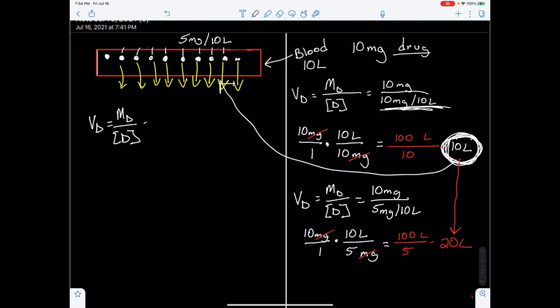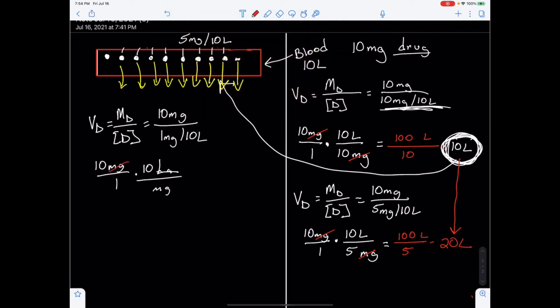And we put in 10 milligrams. Now we only have 1 milligram left per that 10 liters. And so now we do the math. We've got 10 milligrams over 1 multiplied by 10 liters over milligram.